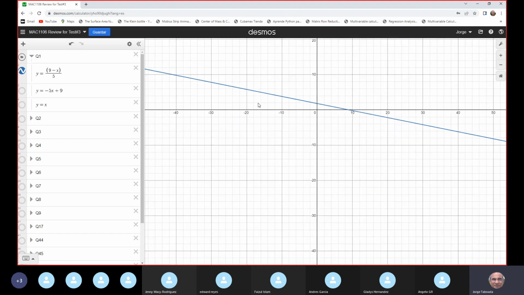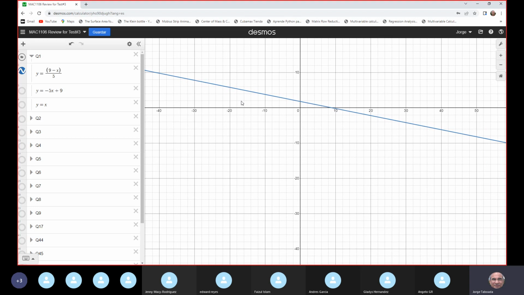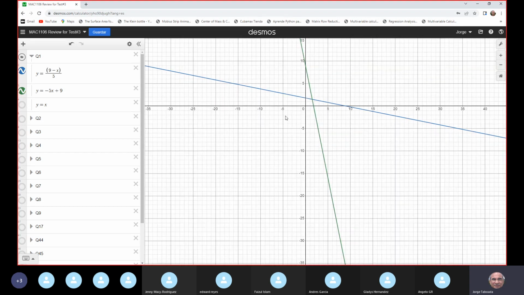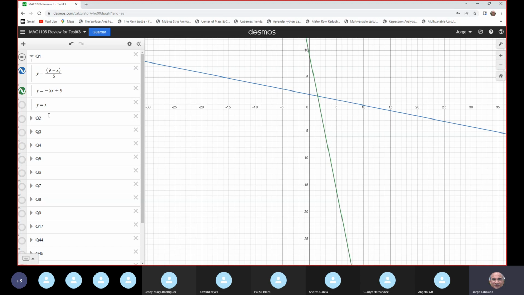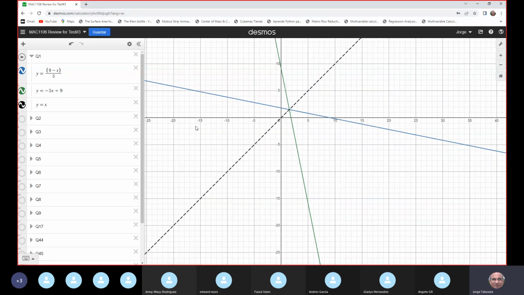I determined algebraically on the piece of paper the inverse function is this. Boom, green color, inverse function. And this is symmetric with respect to the line y equal x. Do you see that? Clear? This is a confirmation everything is okay.